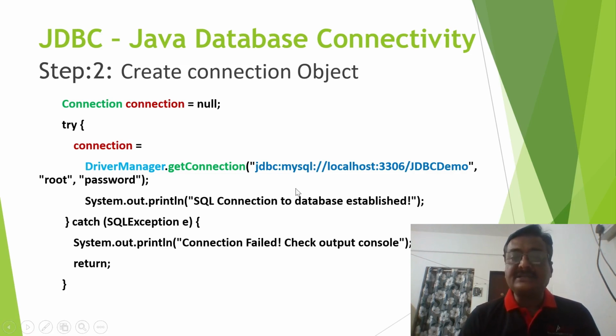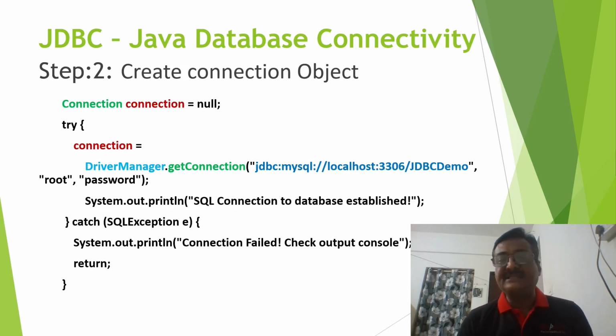Here localhost and port number 3306 are the domain and port from where you are accessing your database. For example, my database is available on my own computer, so localhost will be the IP address of the current system on which my database is available. For MySQL, the default port is 3306.